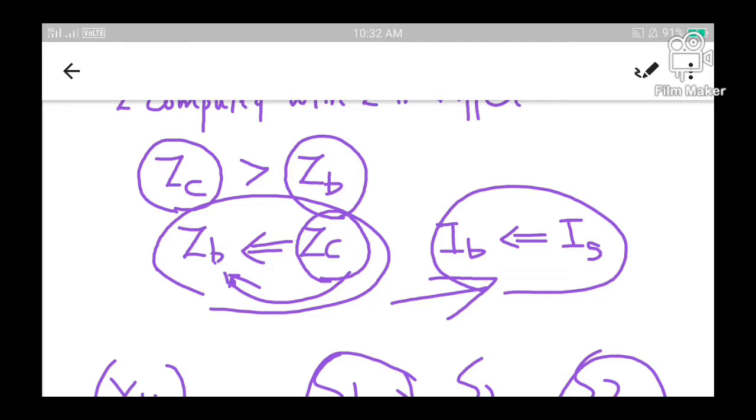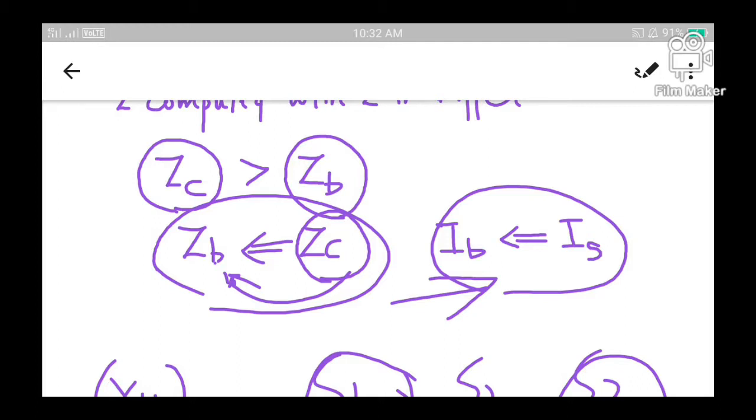So each time we encounter that the computed z value is greater than the z value stored in the buffer, at that time we will update the depth value in the depth buffer, and at the same time, to whichever surface this depth belongs, that surface's corresponding intensity value needs to be updated in the intensity buffer.